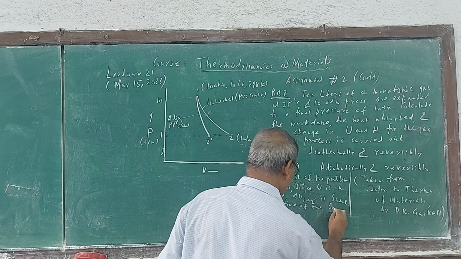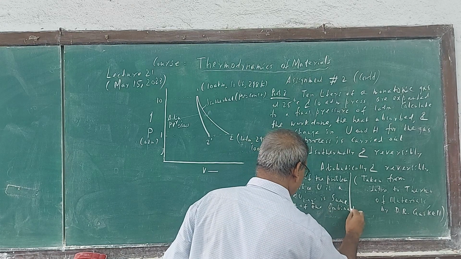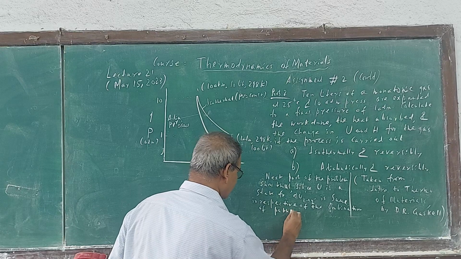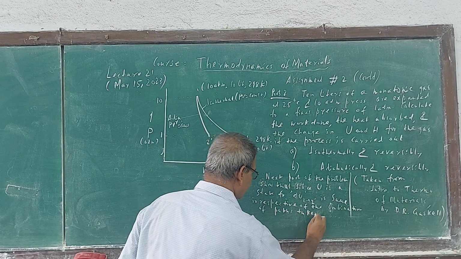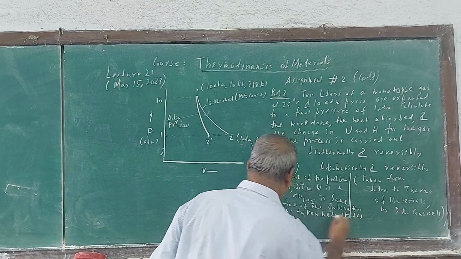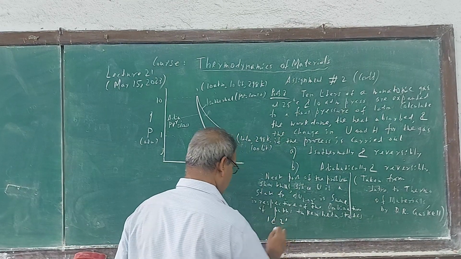Any combination of paths taken between states 1 and 2 prime.